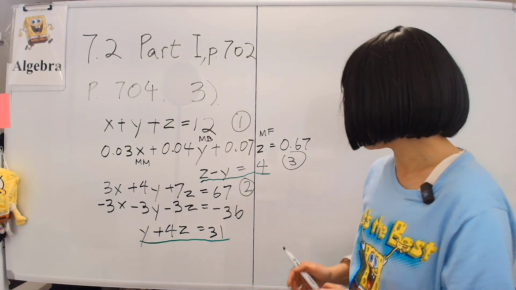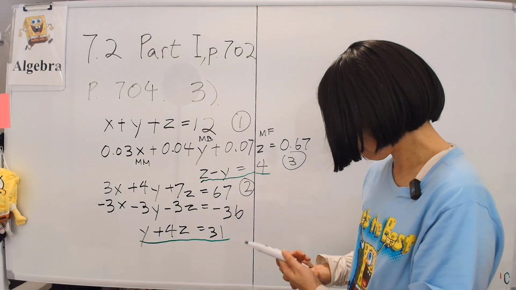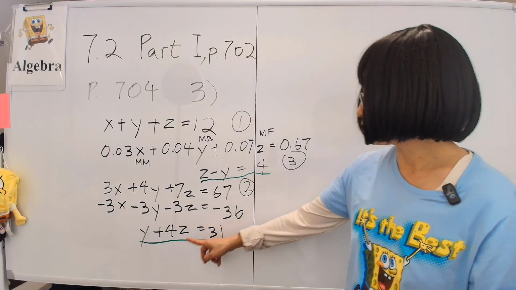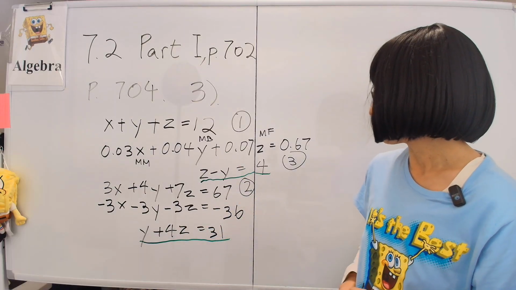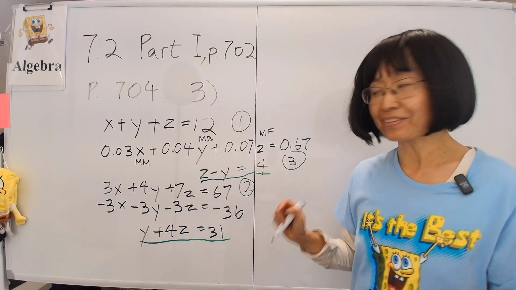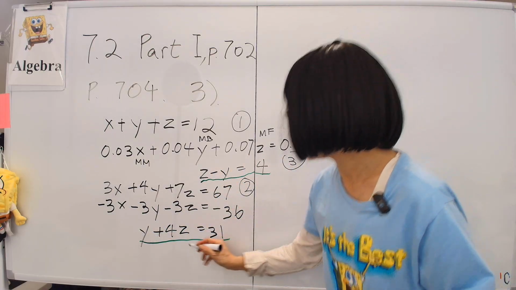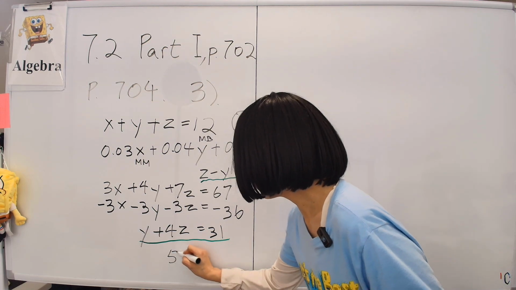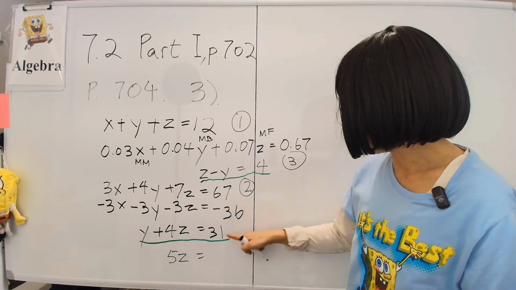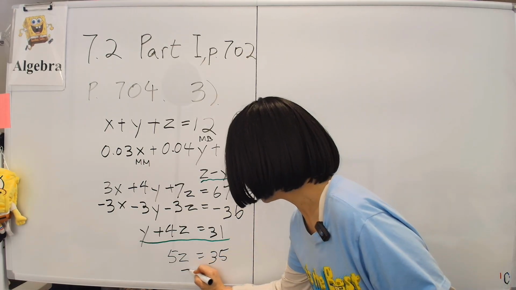We're going to focus on these two things because that is how we're going to nail one of them. Let's add these two together. Because there's a minus y there, the y's disappear. z plus 4z is 5z, and 4 plus 31 is 35. So z equals 7.